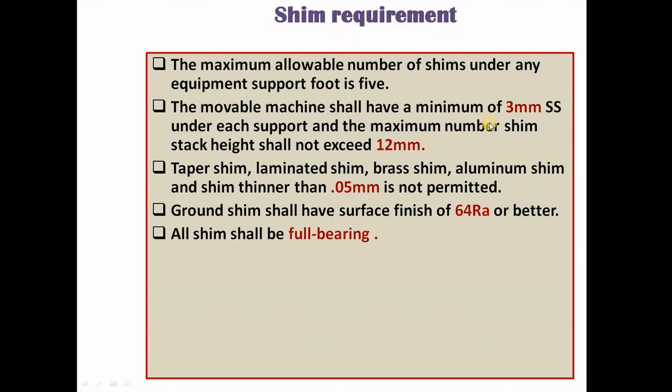If it is 12 millimeter, then a minimum of one 3 millimeter shim should be available, and there should not be any shim less than 0.5 millimeter. Taper shims, laminated shims, brass shims, aluminium shims and cast iron shims are not permitted. Only SS shims with surface finish 64 RA or better can be used, and a shim, when you use it, should be fully bedded on the foot.